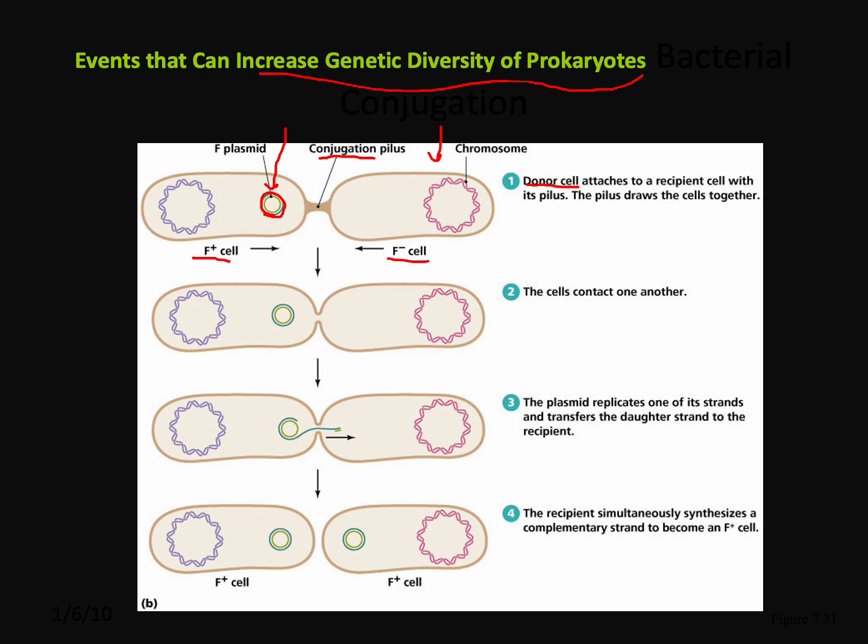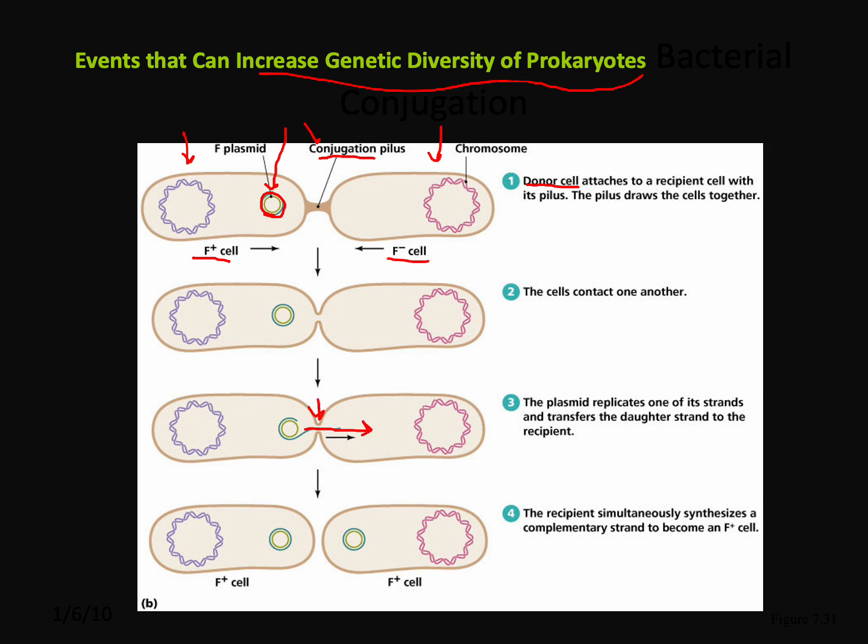Now these two bacterial cells attach to each other through something called a conjugation pilus or a sex pilus. And this donor bacterial cell is going to copy its plasmid because it wants to keep a copy of its plasmid, but it'll make a copy and it'll send a copy over to this new organism through that conjugation pilus.